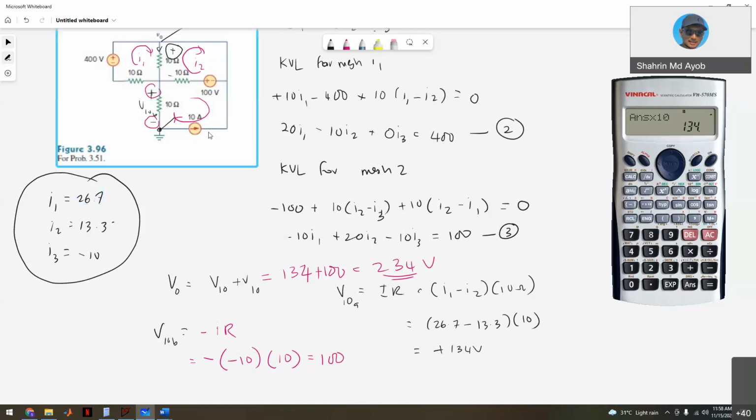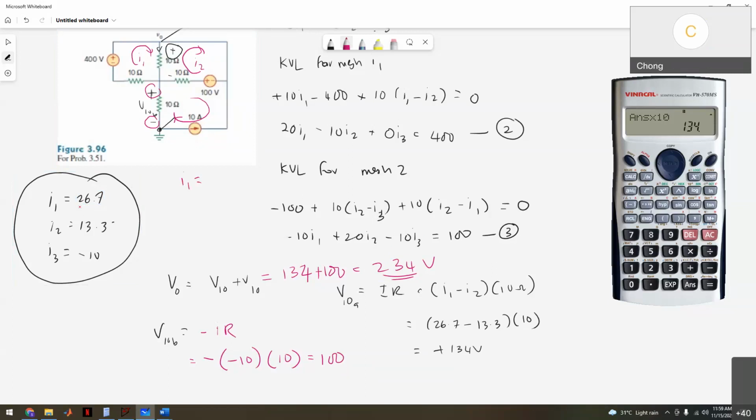If you are using counterclockwise, I1 should be negative 26.7. But right now, what is your answer for I1? I get different from this answer.